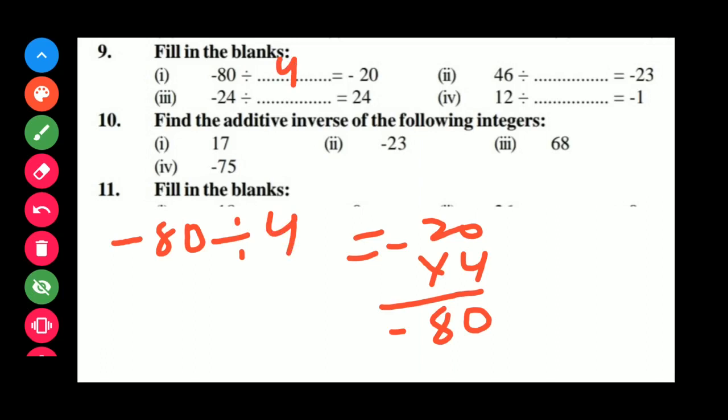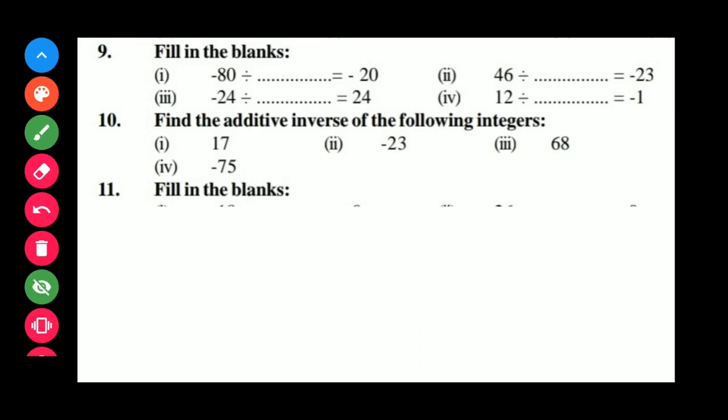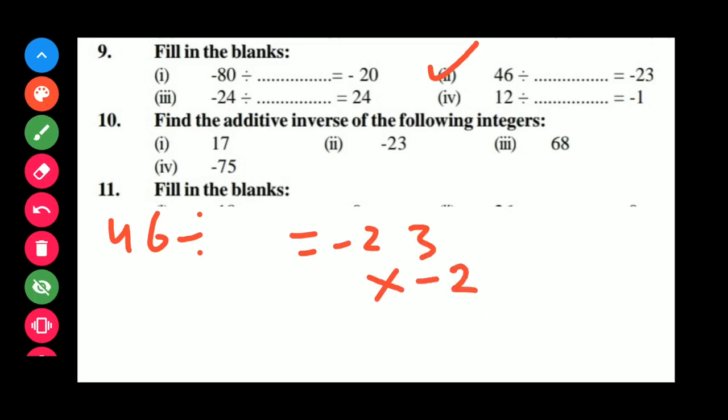Similarly, in the second part, that is 46 divided by blank equals minus 23. First of all, you can divide by minus 2. So it becomes plus 46, which is here. So you can put minus 2. Here is minus 2. That is your answer.